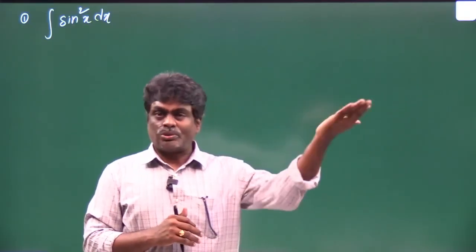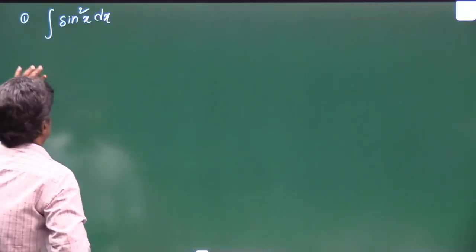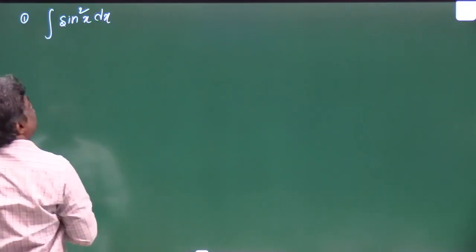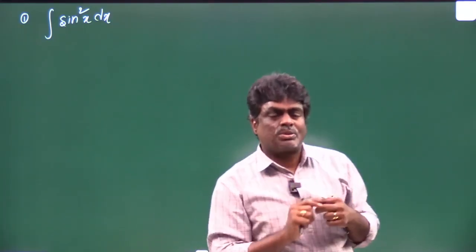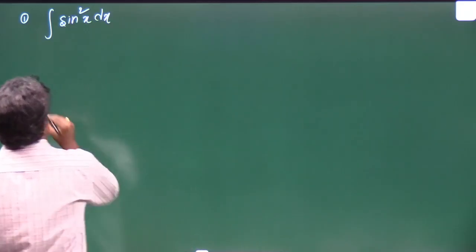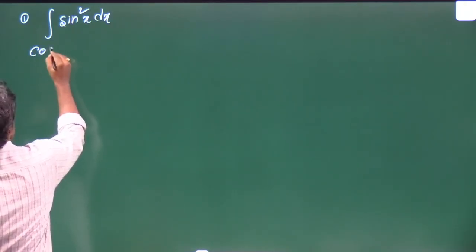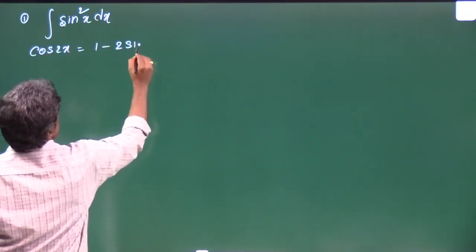Of course a substitution method will be there. That is a different one that I will explain. Just wait. So here we can't apply such type of things. Integral sine square x. Whenever you have sine square, cos square, then you have to use the trigonometric functions. Cos 2x equal to 1 minus 2 sine square x.